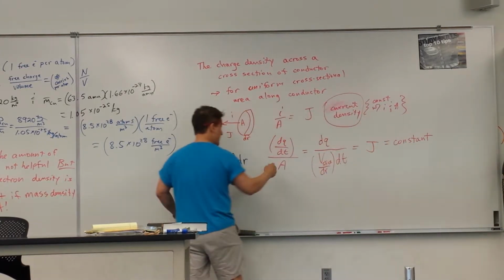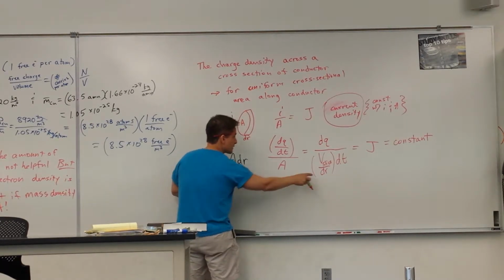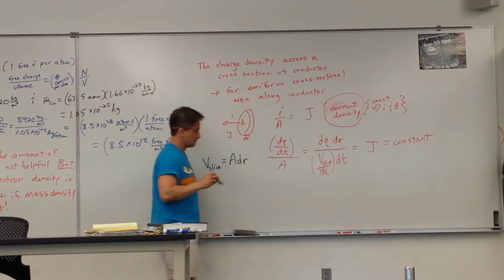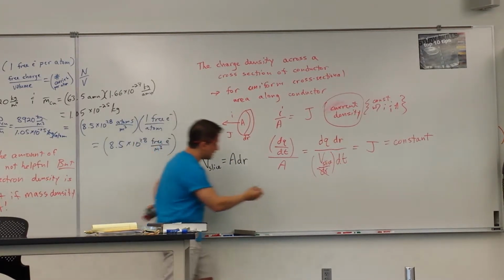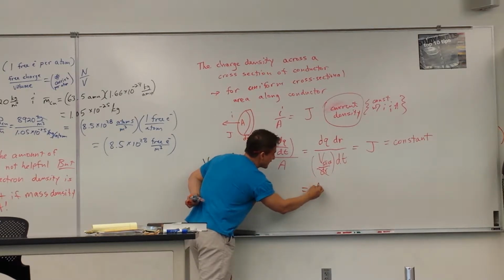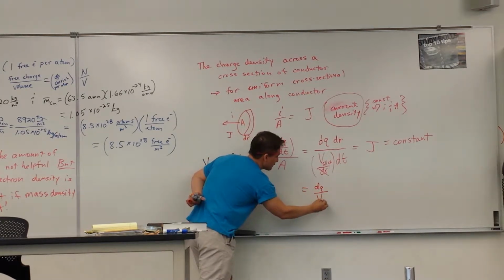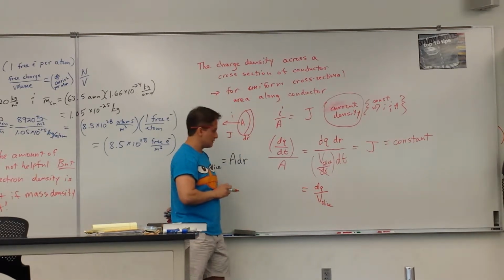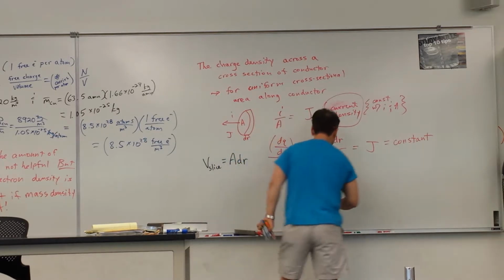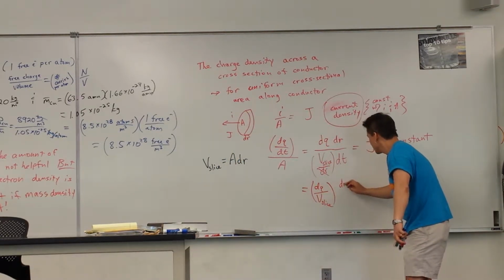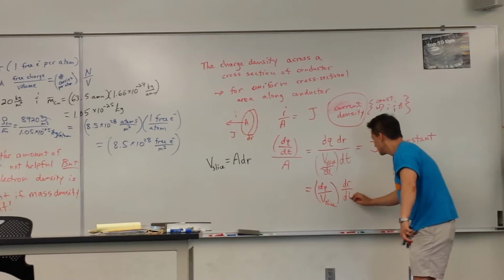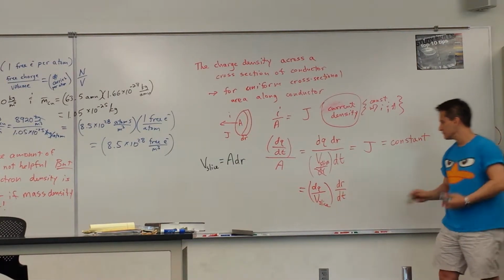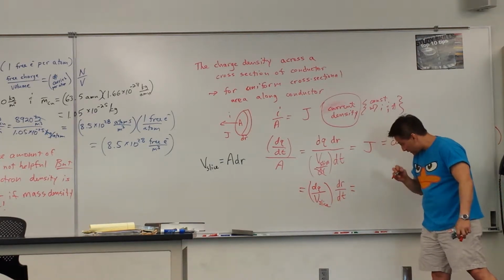So if we rearrange this then, what are we left with? I'm going to bring the dr up on top. And now I've got a quantity that looks like dq over v slice times dr dt. And what is this?